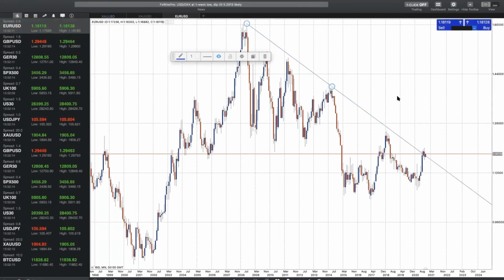First, I wanted to focus on the euro dollar and this test of a very long-term running trend line from the top of 2008 and 2014, which has been tested a couple of months ago, but the market is still hovering around these 118, 119 levels, and there is no conclusive win in this battle between bulls and bears.